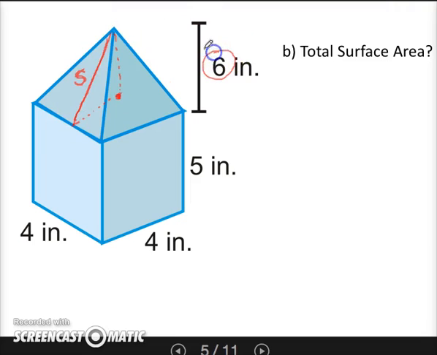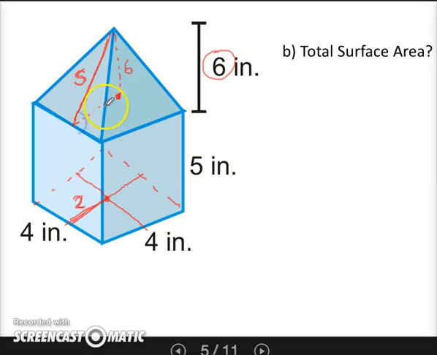Now, what is this height? Well, it's 6 because I'm just copying it from the height that's shown over here. What is the measure of this side of the triangle that I've drawn? Well, if we look down here and imagine dividing the base of this rectangular prism into 4 little squares, the center being here, we would see that this gets divided in half, and that this measure is simply 2.